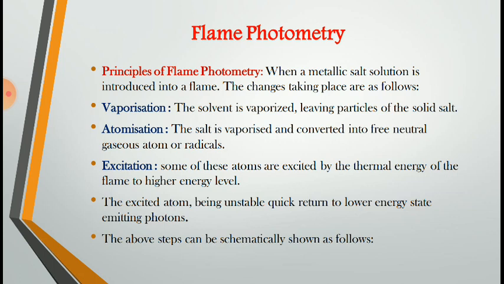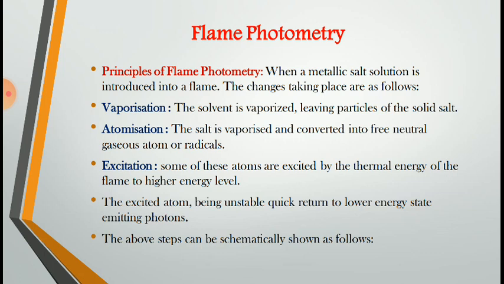When a metallic salt solution is introduced into a flame, the changes taking place are as follows. Suppose we take a metal salt solution, such as sodium chloride or potassium chloride.